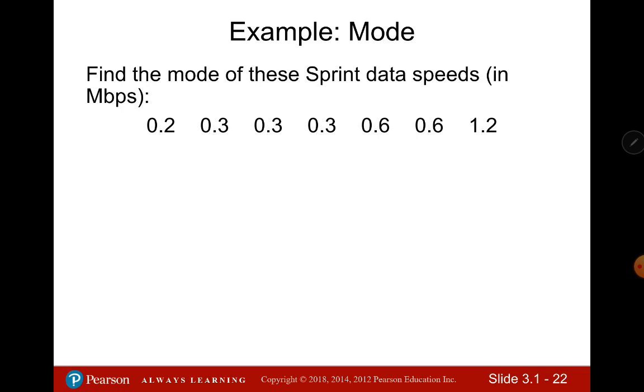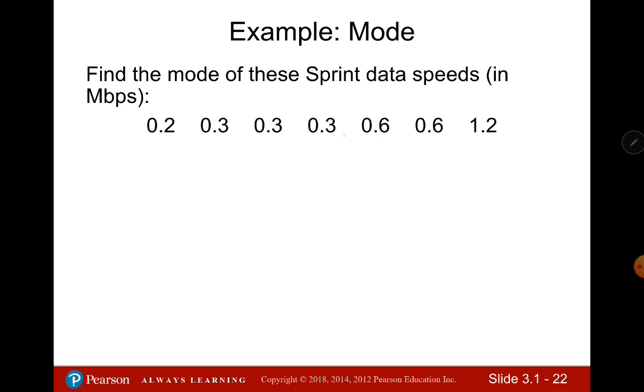So first, we can check all the values here and try to find which one occurs the most frequently. We will find 0.2 occurs 1 time, 0.3 3 times, 0.6 2 times, 1.2 1 time.